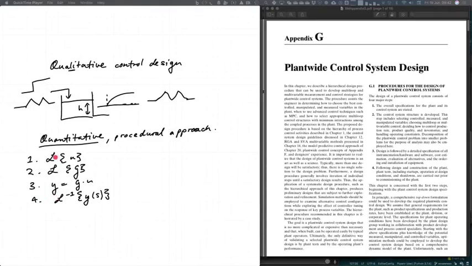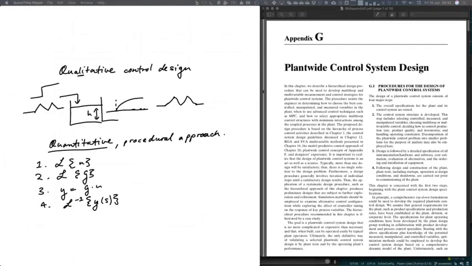In other words, well, all of these steps are just simple math, and I can get the U, I can get the G, and so on, and then I can get the answer. And the wonderful thing about this is that I don't actually need to know anything useful about the plant itself. And what I mean by that is the kinds of things that we need to know about qualitative control design, in other words, being able to reason about the dynamics of a system, are hard to systematize.